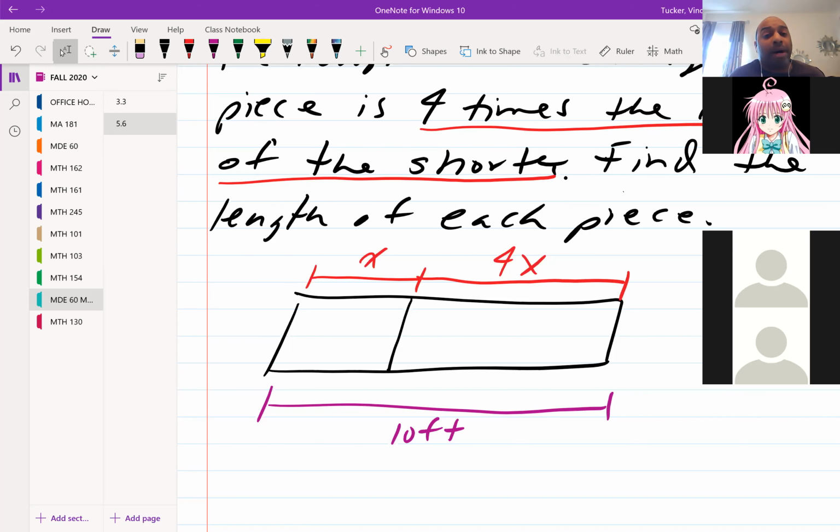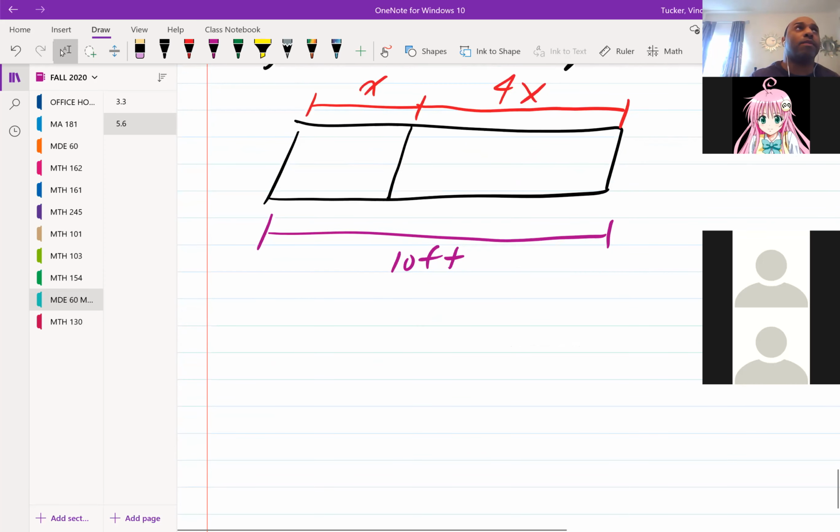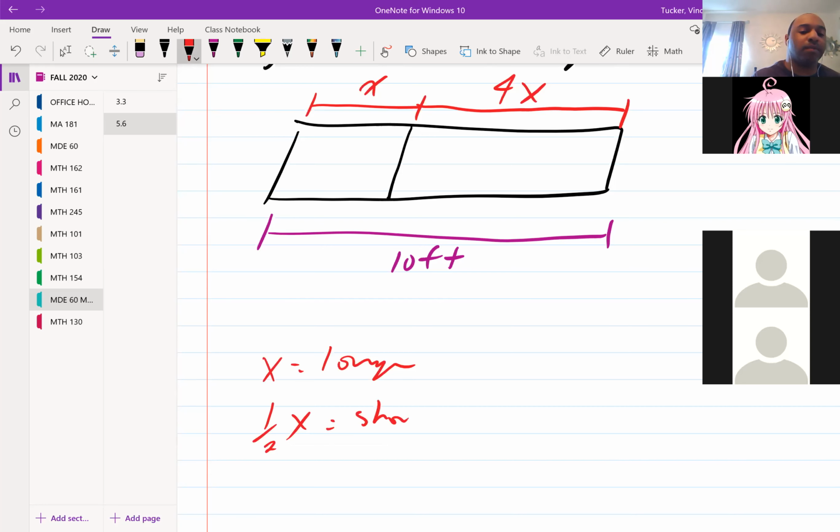Now the thing is, what dictates that is how the words are set up. Let's say it said the shorter piece was half of the longer piece. In that case, you will let X be the longer piece, and then the shorter piece would be 1/2 X. You see what I mean?